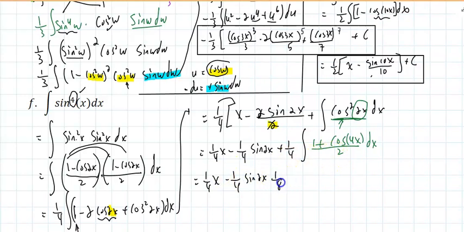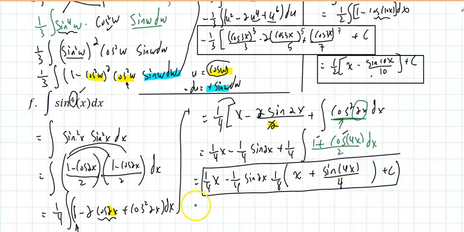That's going to be 1/8 times what? What do you take a derivative of to get 1? That is x. What do you take a derivative of to get the cosine? Sine of 4x. If you take a derivative, you multiply by 4. If you take an antiderivative, you divide by 4. On a test, this is what I want.